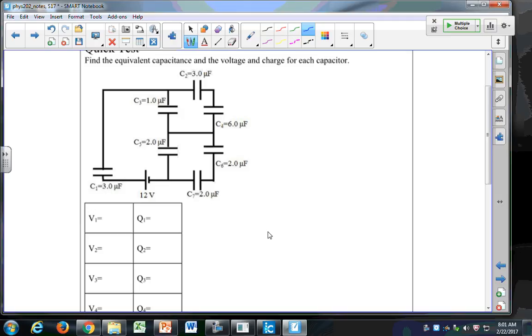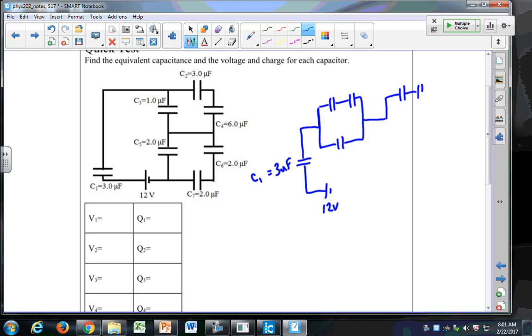I'm going to start drawing the circuit up here. Alright, so this is C2 and C4.